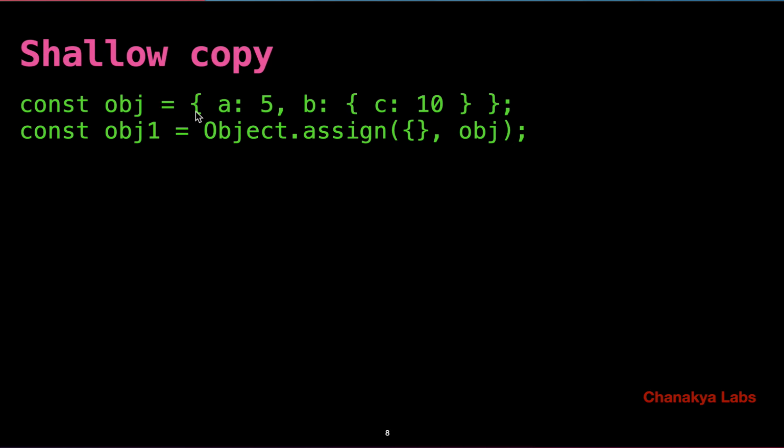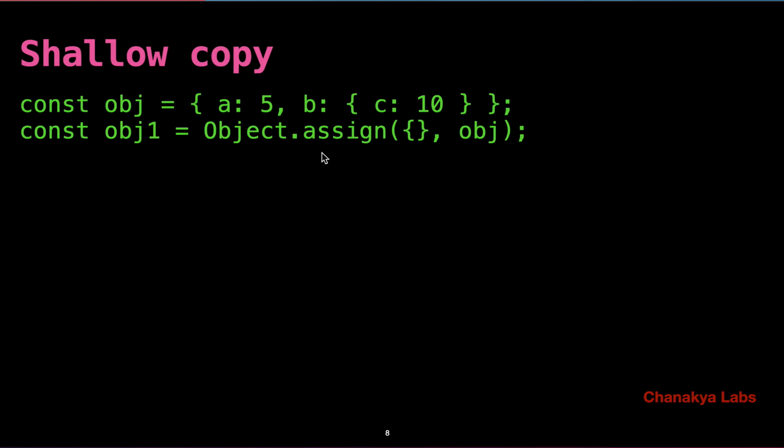There is one more syntax. If this object is there and I have to create its shallow copy, I could have simply used the spread operator, inside curly braces, triple dot obj. That is also one syntax. That is a newer syntax. There is a slightly older ES6 syntax, slightly better supported in browsers.